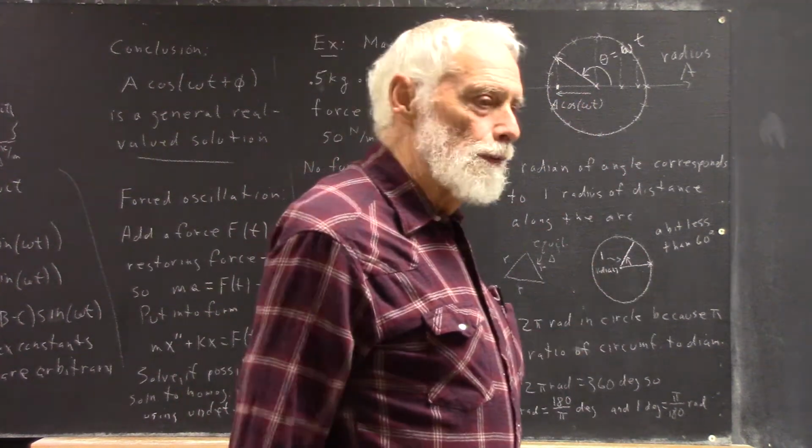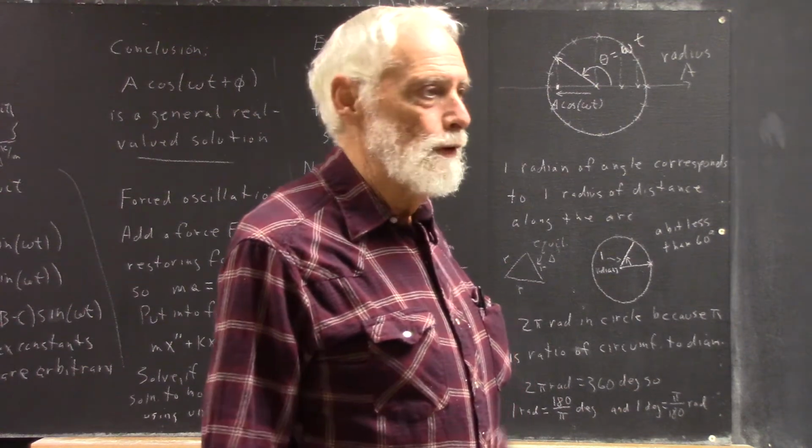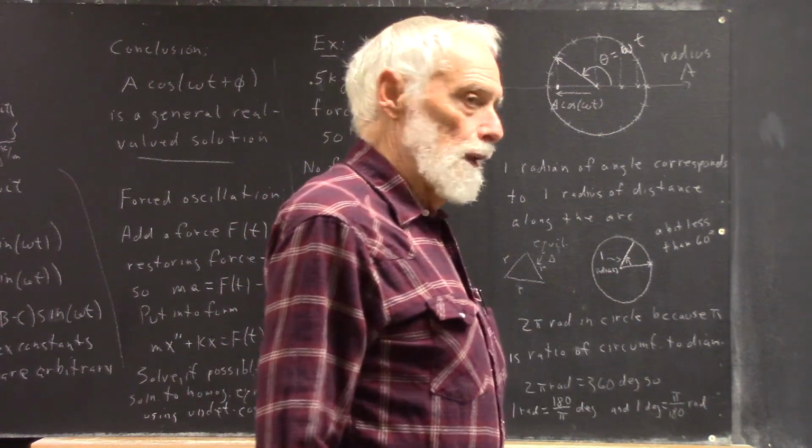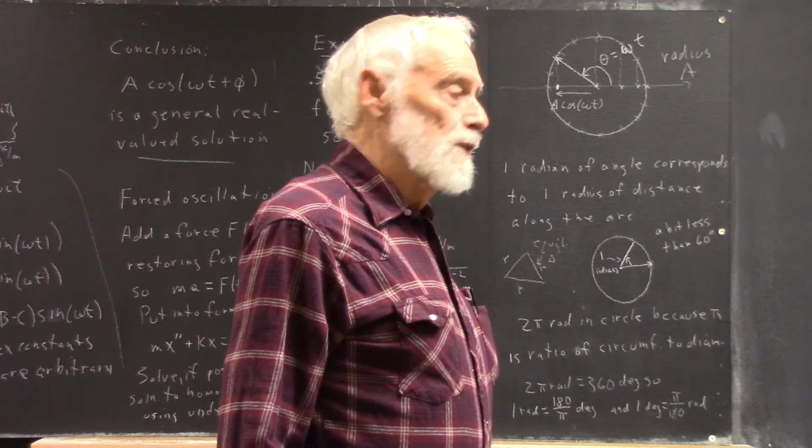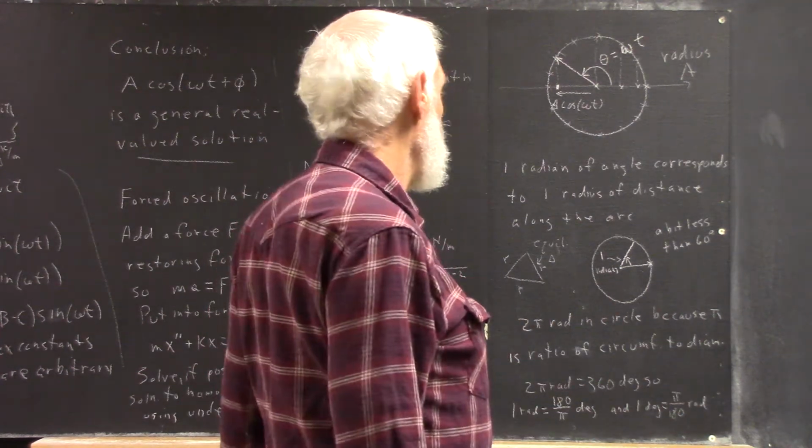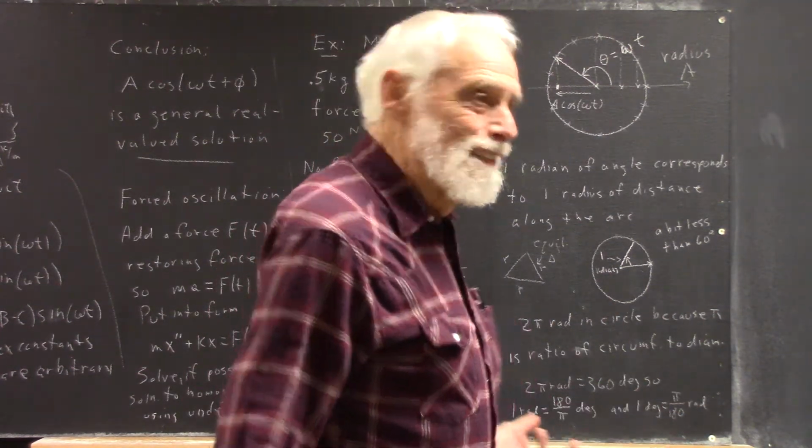That's the circular definition of your trigonometric functions, and if you don't have that firmly in your mind, something's very wrong with the way you were taught trig, or you just slacked. Okay?